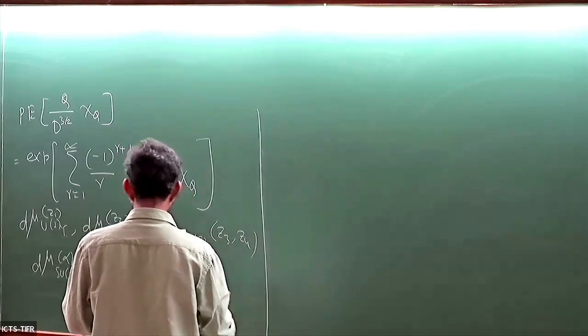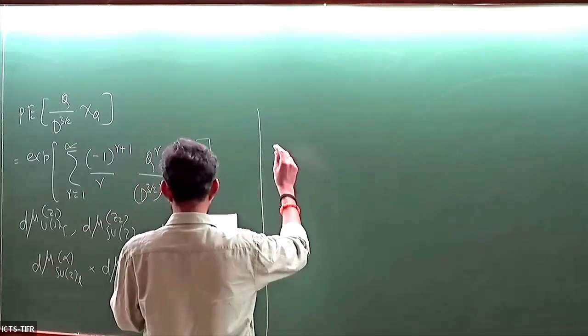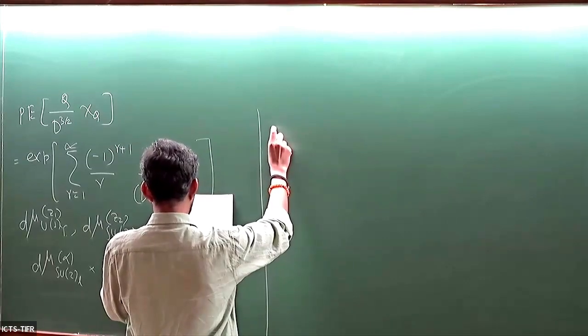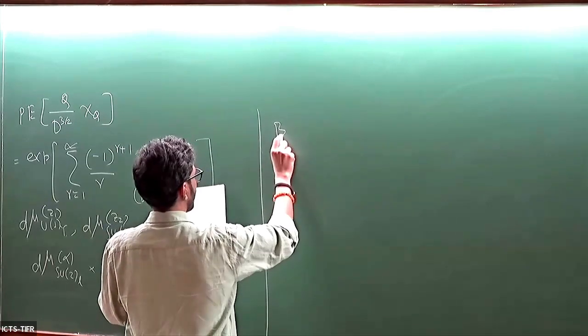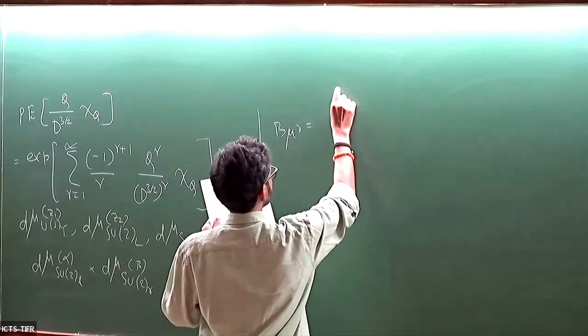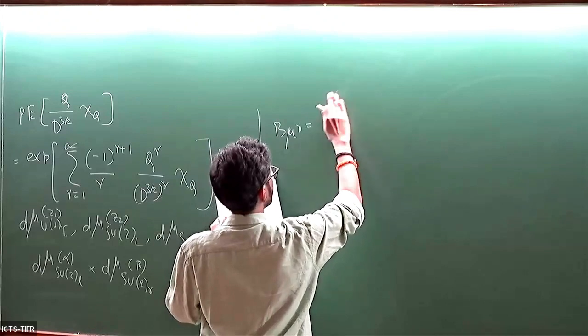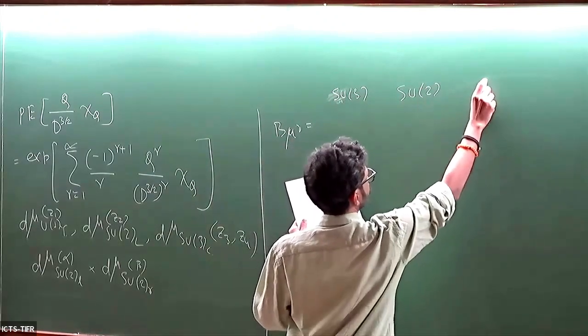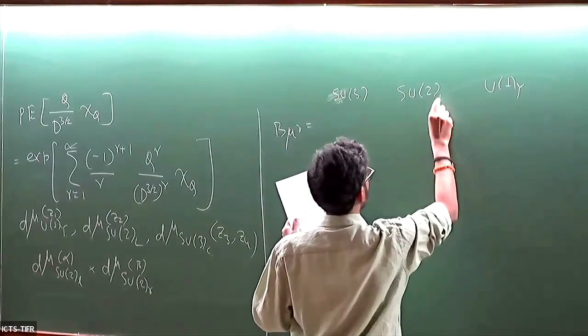So now let me give you some more examples such that it will be clear to you. So when I have B mu nu, let me call it SU3, SU2 and D1y.